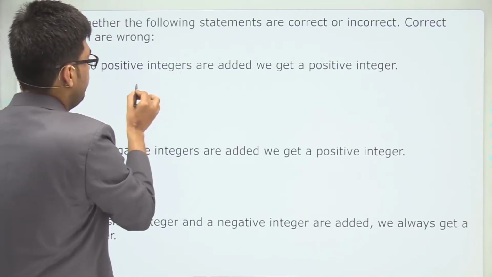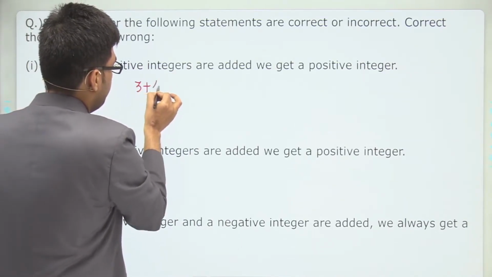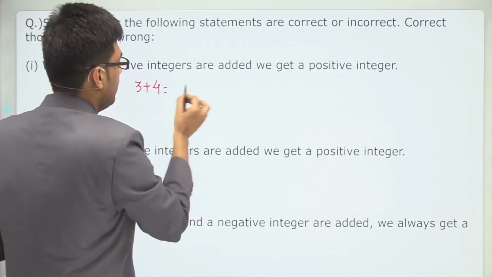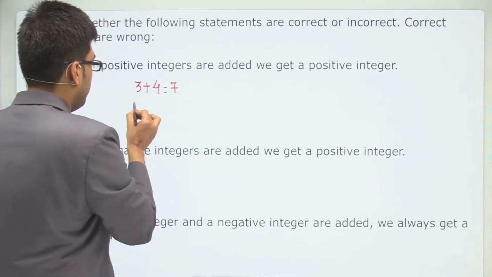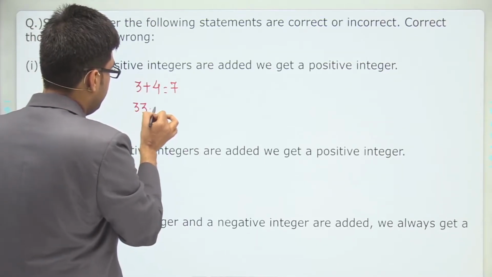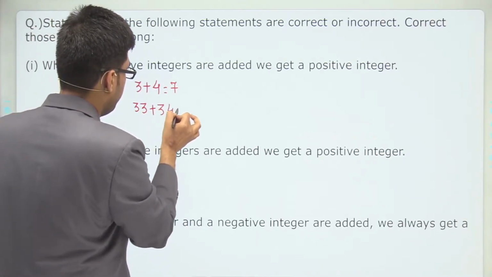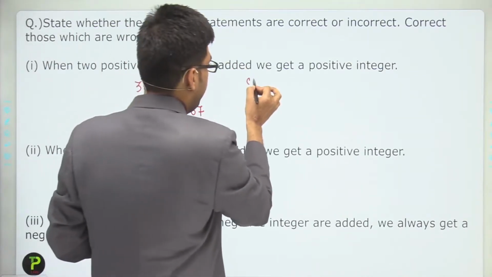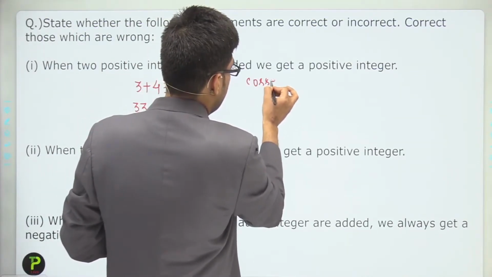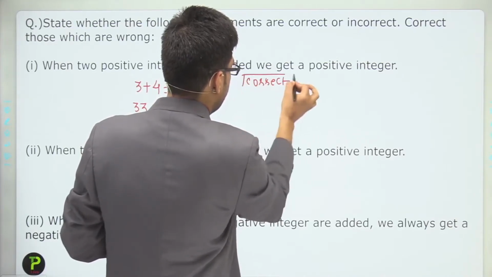For example, 3 plus 4, we get a positive integer. Yes, it is absolutely clear, correct. For example, if we add 33 and 34, then we get 67. So this is the correct statement.